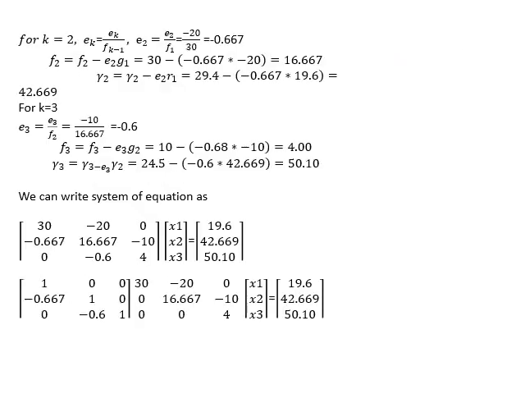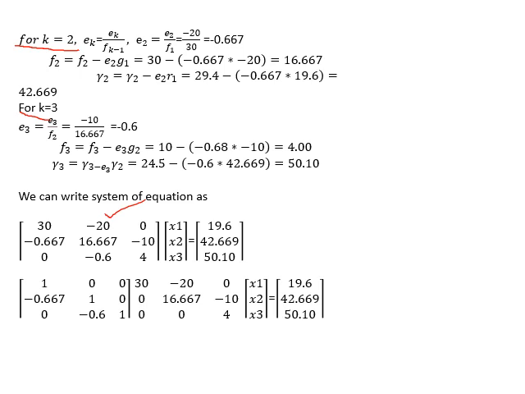So by the Thomas algorithm, for k is equal to 2 and k is equal to 3, we will get the values of E2, F2 and R2, similarly E3, F3 and R3. After the decomposition stage, we will rewrite it like this. Upper diagonal elements we are not going to change, only diagonal elements and sub diagonal elements are going to change.